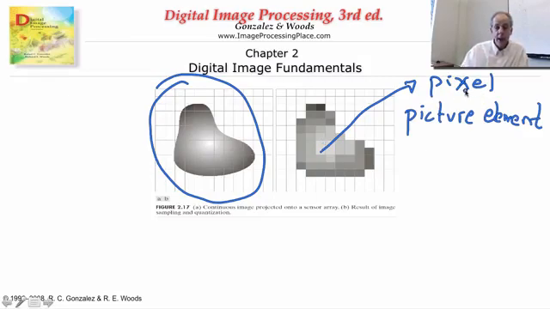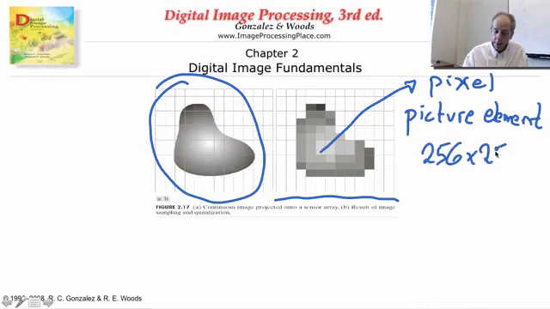And once again, the more pixels we have and the more levels we have, the better the image is. So regular images will be, for example, 256 by 256 in the spatial domain. That will mean that it will have 256 square pixels, and maybe it's represented by 8 bits.